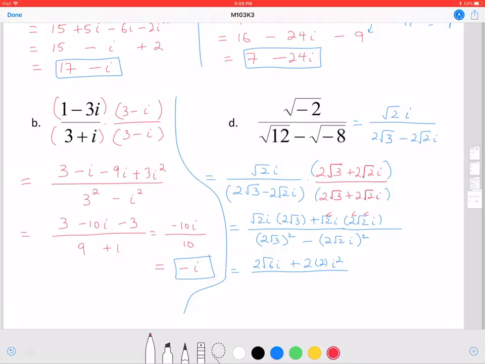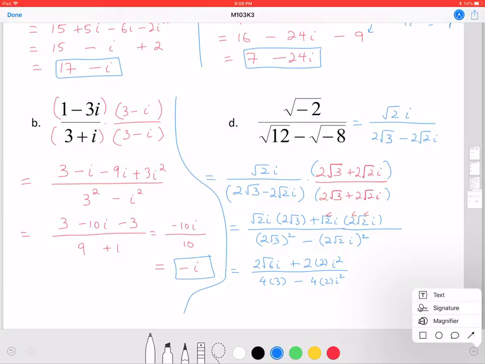And the denominator I have 4 times 3 minus 4 times 2i squared. Remember that i squared is going to make this subtraction positive.